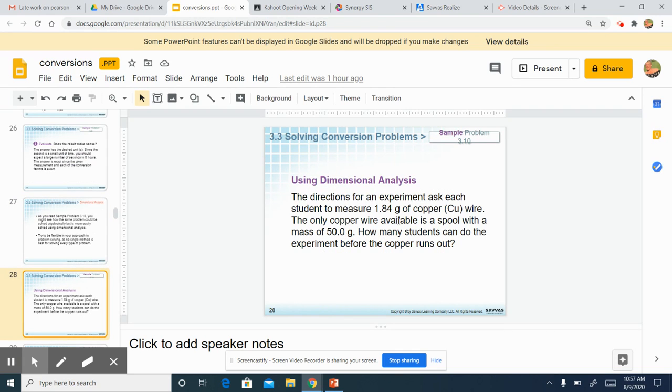Okay, now, second problem. The directions for an experiment ask each student to measure out 1.84 grams of copper wire. The only copper wire available is a spool with a mass of 50 grams. How many students can do the experiment before the copper runs out?